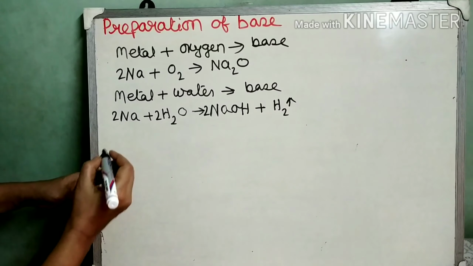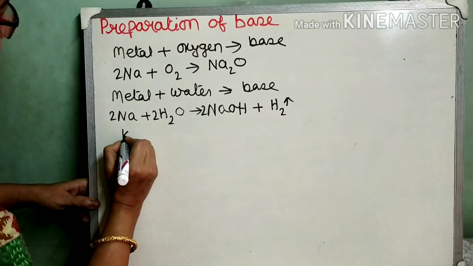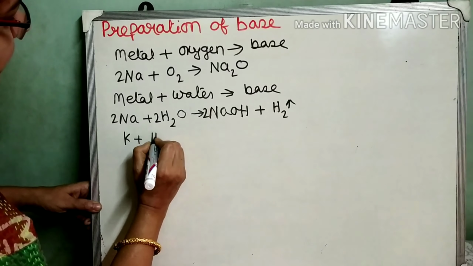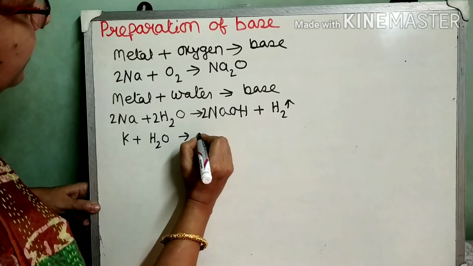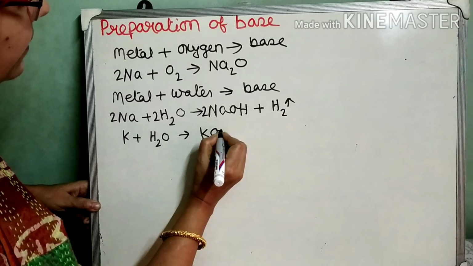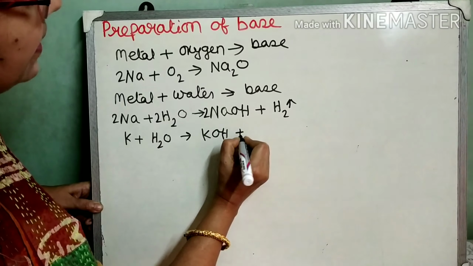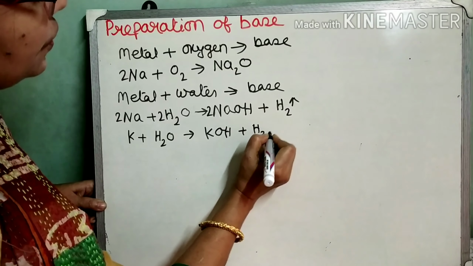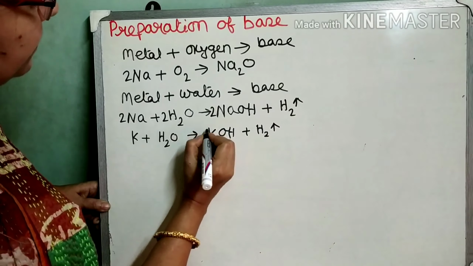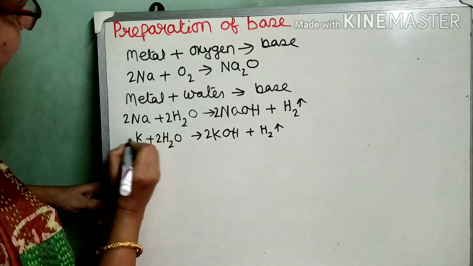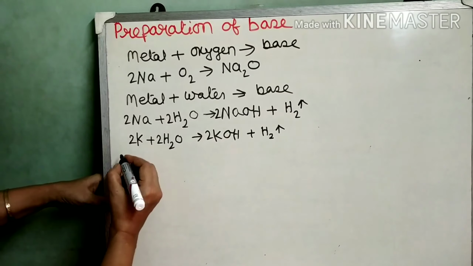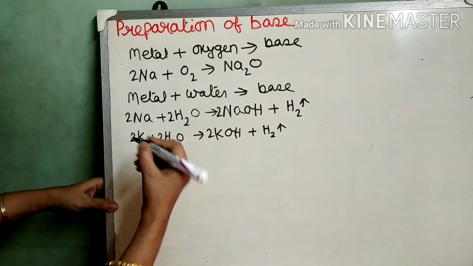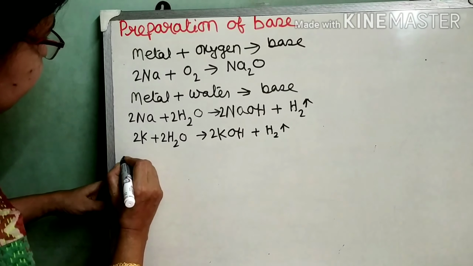See another example, K plus H2O gives KOH plus H2. When a metal oxide reacts with water, then also a base is formed.